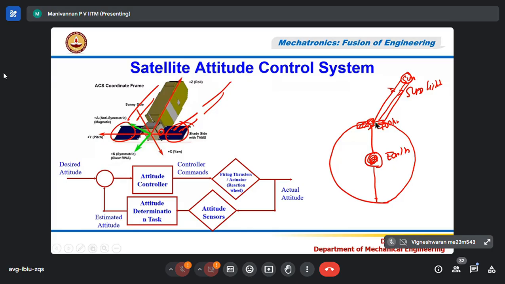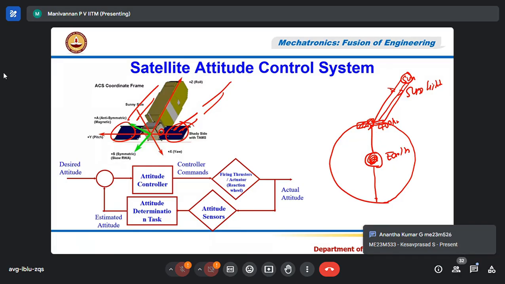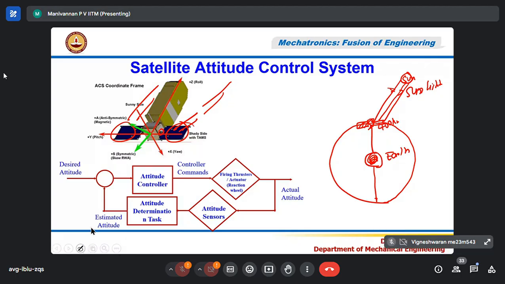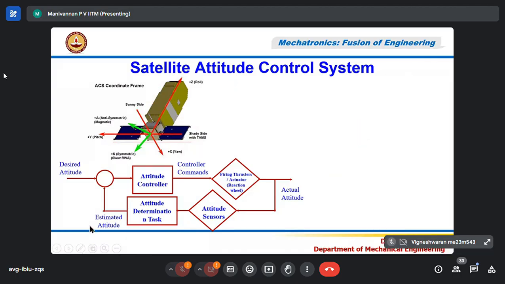So that means not only the height has to be maintained, correct? The altitude with respect to Earth, and also the orientation. Generally we talk about a coordinate system. In mathematics and geometry, it is called the Cartesian coordinate system. This is called x-axis, this is called y-axis, this is called z-axis.